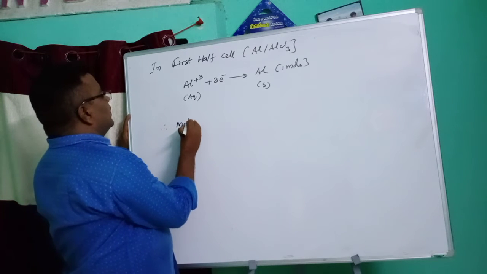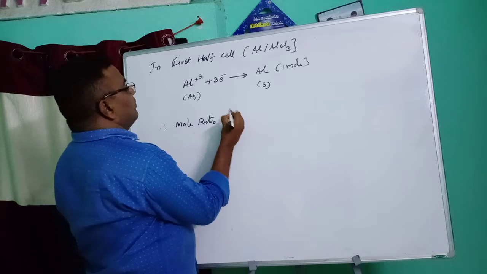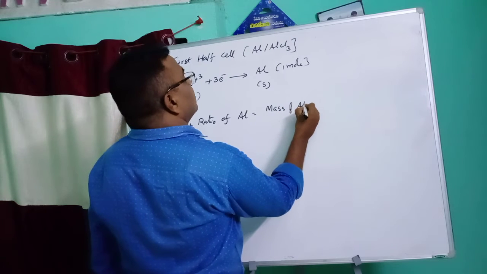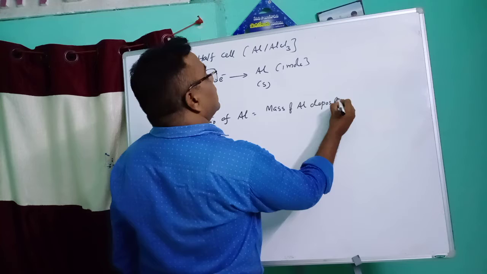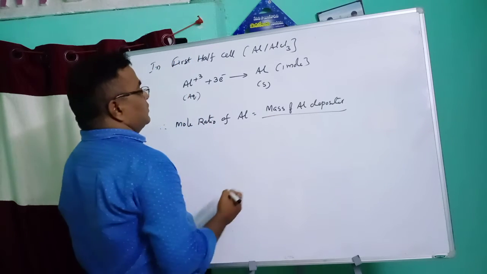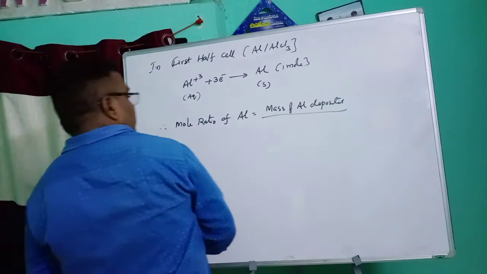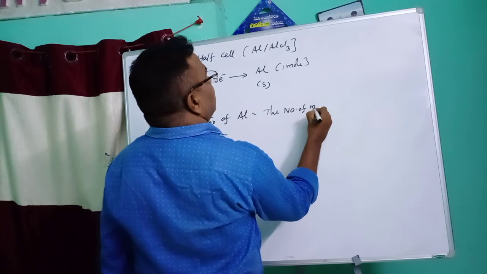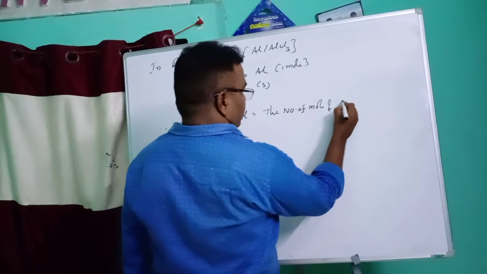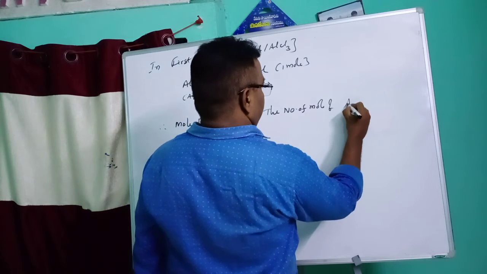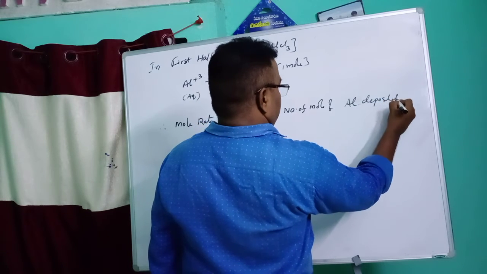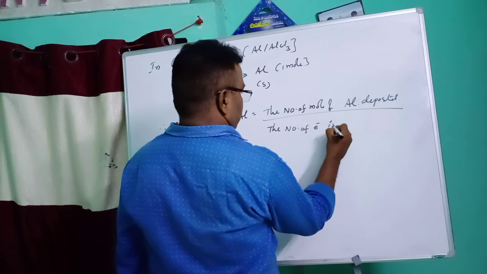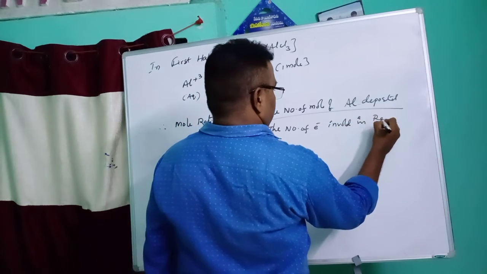Therefore, the mole ratio of aluminum is equal to the number of moles of aluminum deposited by the number of moles of electrons involved in the reaction.